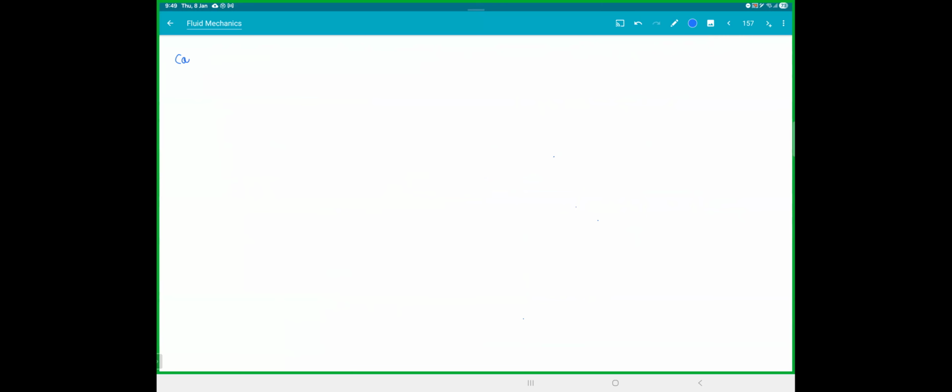Case 2. Closed type. So this is called a manometer that is connected. I'll show you what it is. This is how the setup looks.